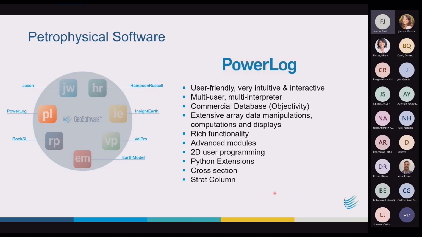A lot of advanced modules. We've had 2D user programming a while. Python extensions was added a few years ago. We also have a cross-section correlation module now. That's just a few years old, and a strat column so that you can build your strat columns for the purposes of creating zones or for displays.